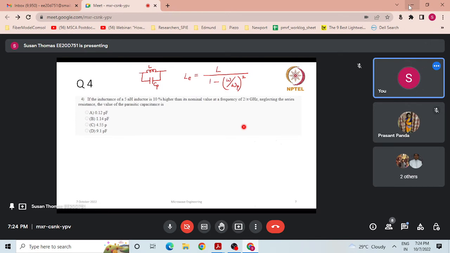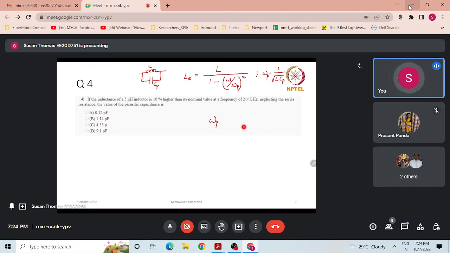Omega p is 1 by root L Cp. This concept is needed to solve this numerical, so let me go to the question now.